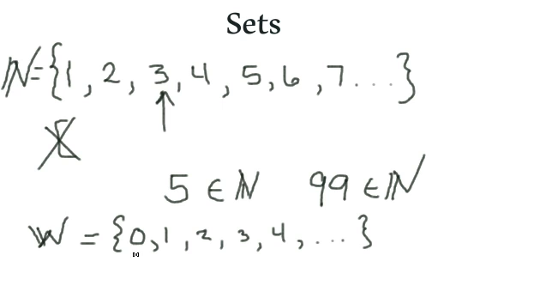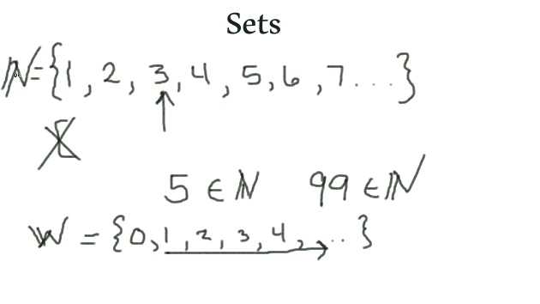So that's the only difference between them. Now, as you can see right here, all these numbers going on in that direction forever, this is the set of natural numbers, and that's actually in the set of whole numbers.